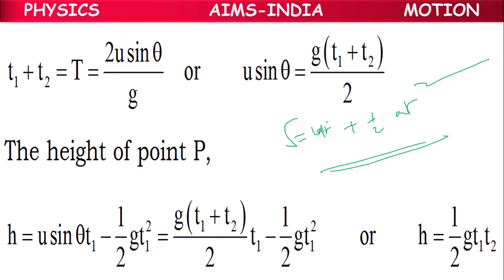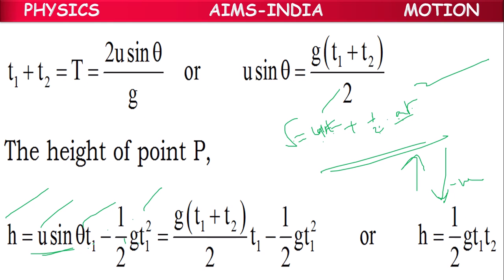According to that, s means height, small h, u means velocity, vertical component, u sin theta, t means time, t1, half a, body is going up, g is acting downwards, so g is negative. In the place of half a, we can take minus g. In the place of t square, we can take t1 square.